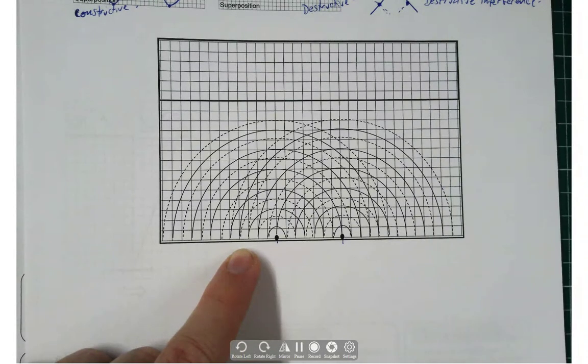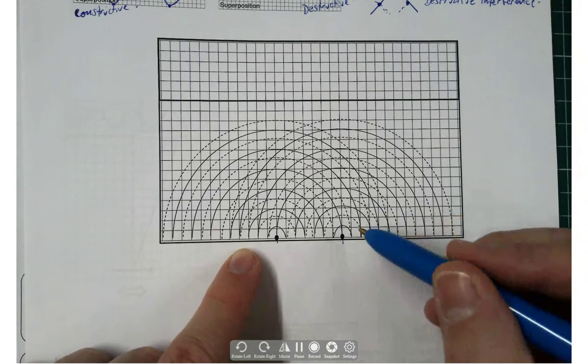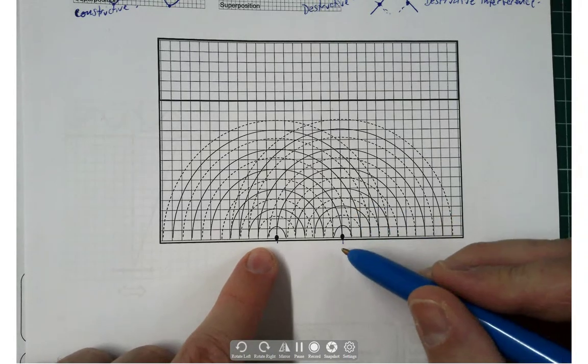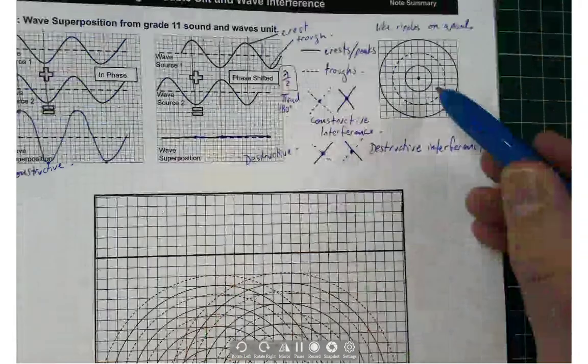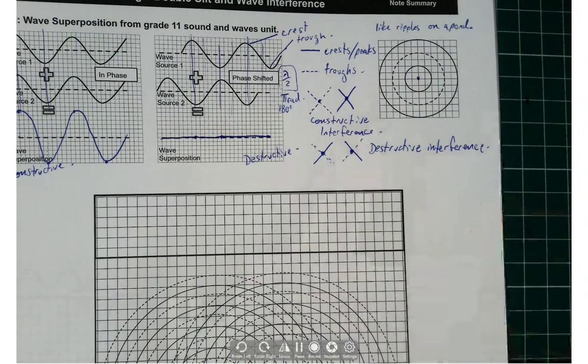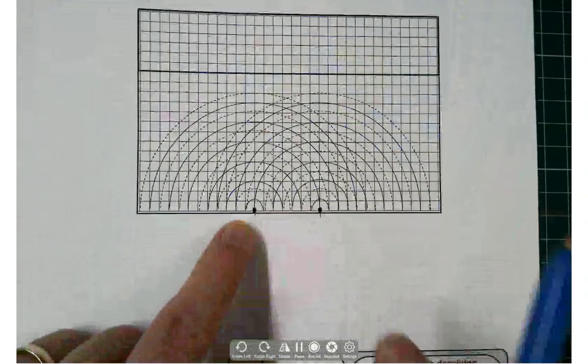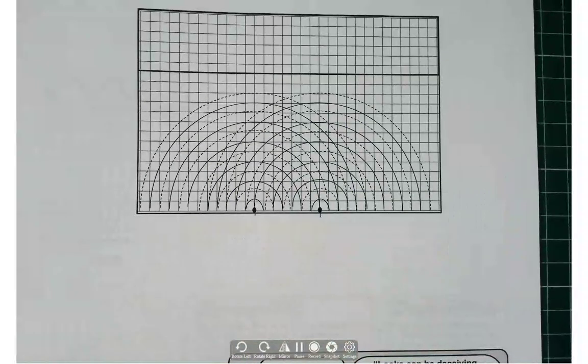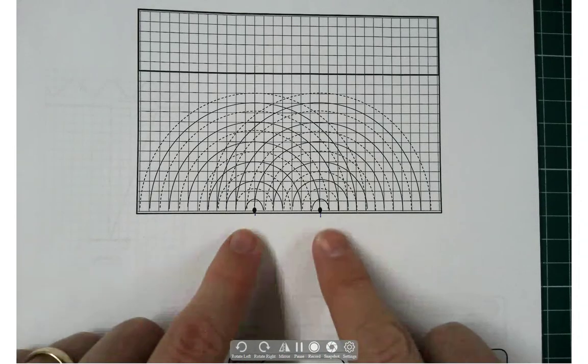So that really was a little bit of effort. But what we get out of this is these concentric circles rippling out from 2 point sources, very much like the ripples coming out from one pebble that would get dropped into a pond, okay? But like I said earlier, these point sources actually for us, because we're in a quantum and electromagnetic waves unit, are representing the sources of light, rippling out into space from 2 point sources.